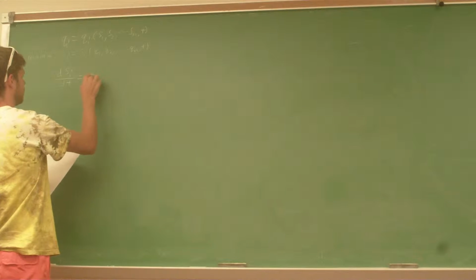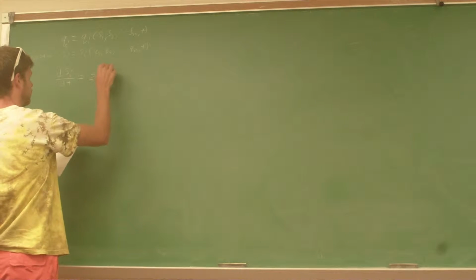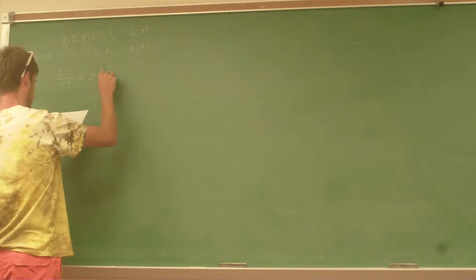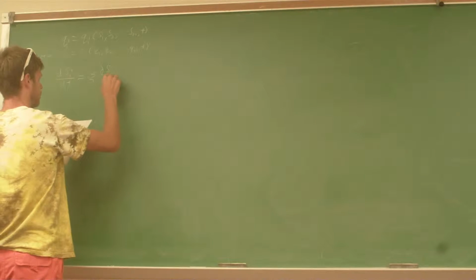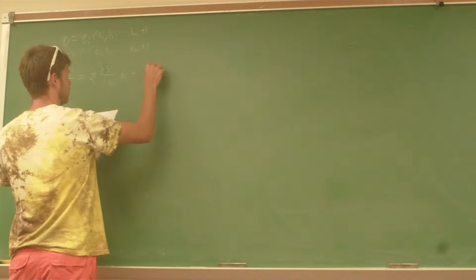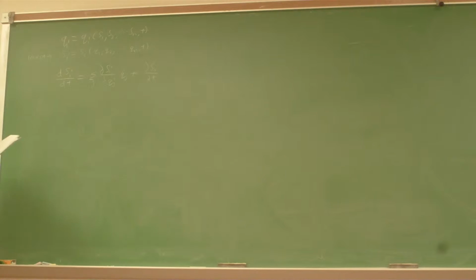So that's just going to be the sum over j of partial s_i with respect to q_j times q_j dot, plus partial s_i with respect to t. Everyone agree? And this is s_i dot.